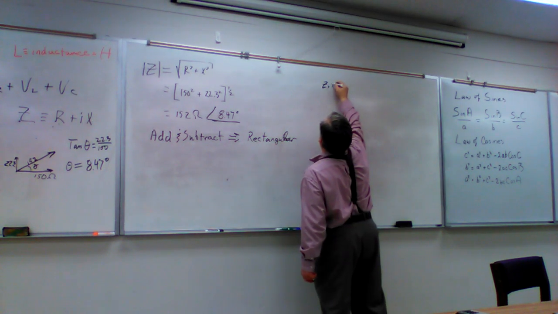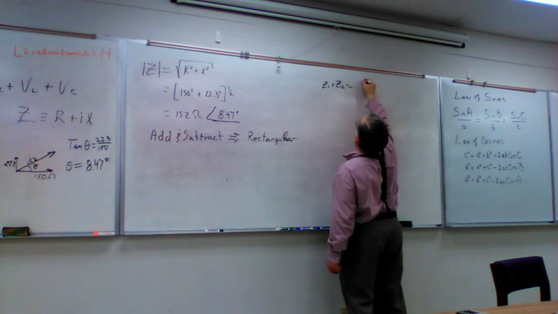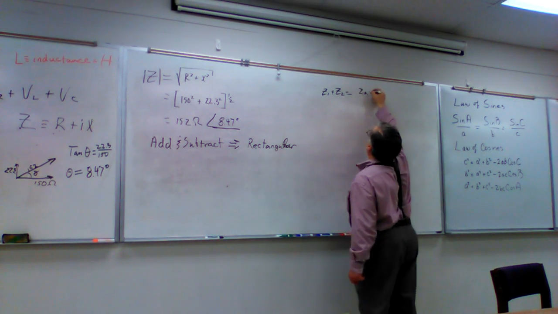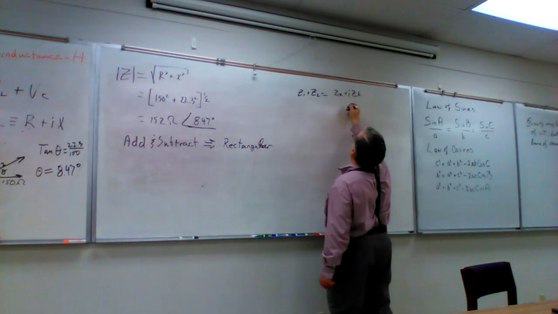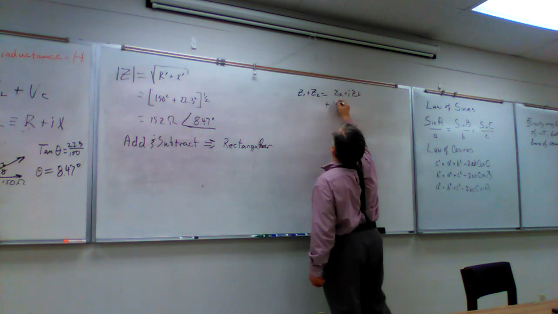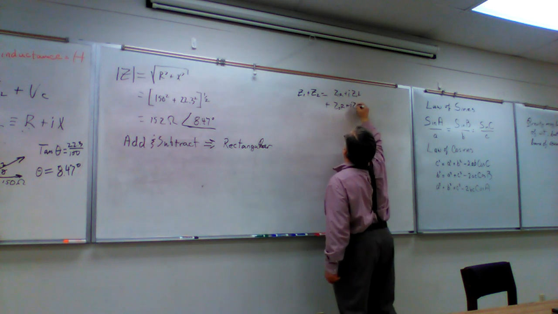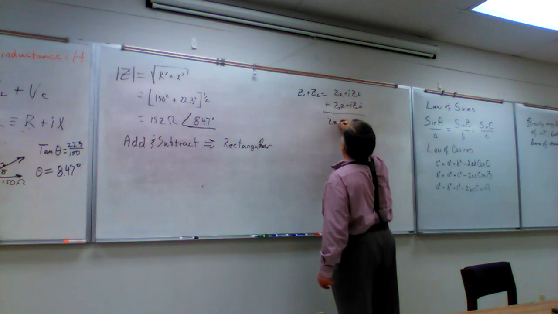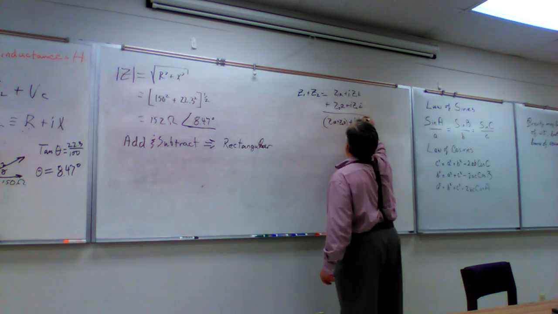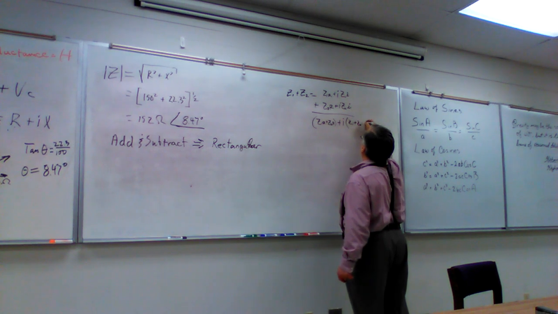Z sub 1 plus Z sub 2 equals z sub 1 real plus I times z sub 1 imaginary plus z sub 2 real plus I times z sub 2 imaginary, which is z1 real plus z2 real plus I times z1 imaginary plus z2 imaginary.